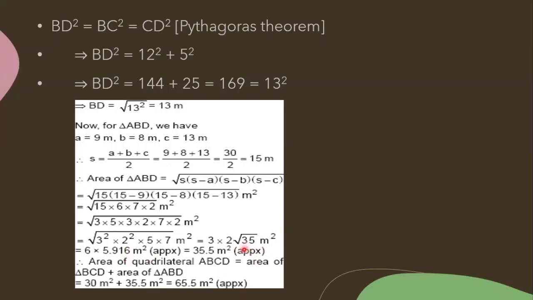We know that an irrational number is non-terminating and non-recurring. So we have taken the value 5.915 into 6.